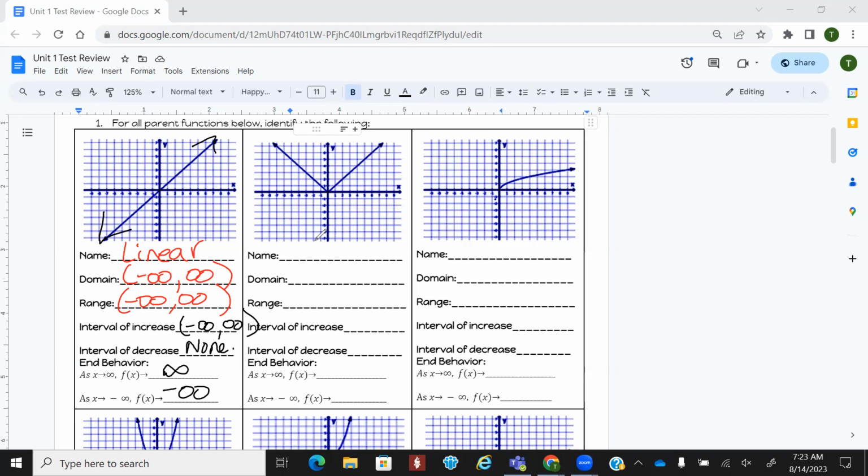The next one is called what type of function? Absolute value. Okay. Our domain is going to be negative infinity to positive infinity, just like the last one. But here's where it changes. We have a range of 0 to positive infinity.